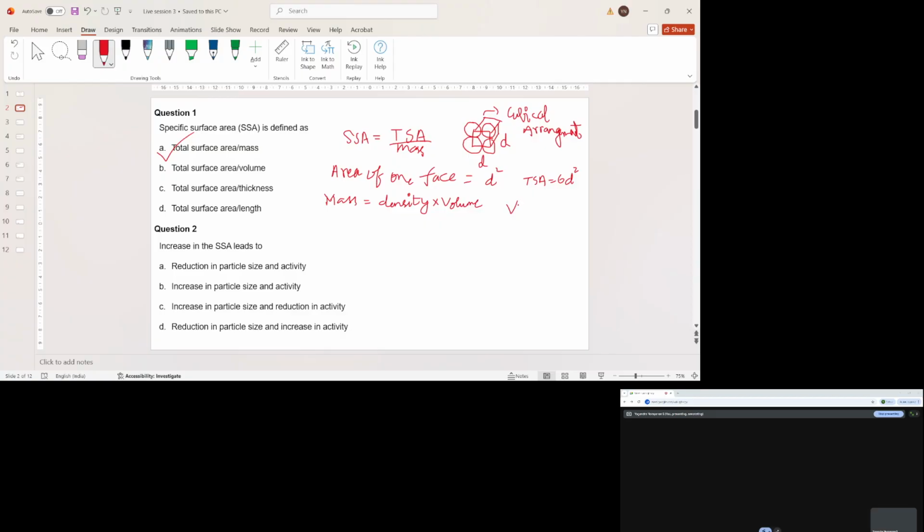Here the volume of this cube will be D cube and the density is rho, which can be written as specific gravity into gamma W. Substituting in the SSA equation, SSA is 6D square by G_s gamma W D cube.